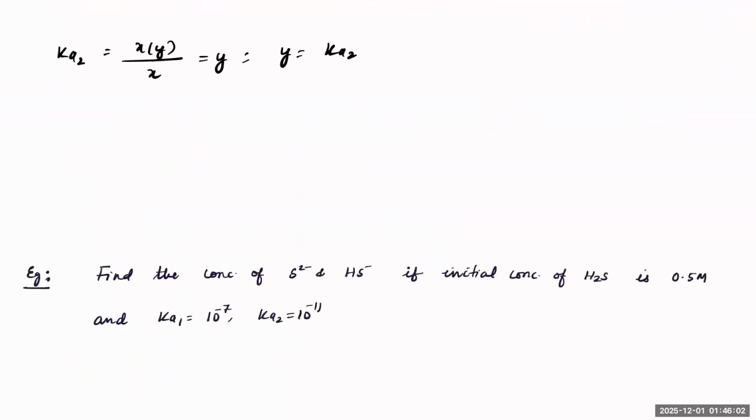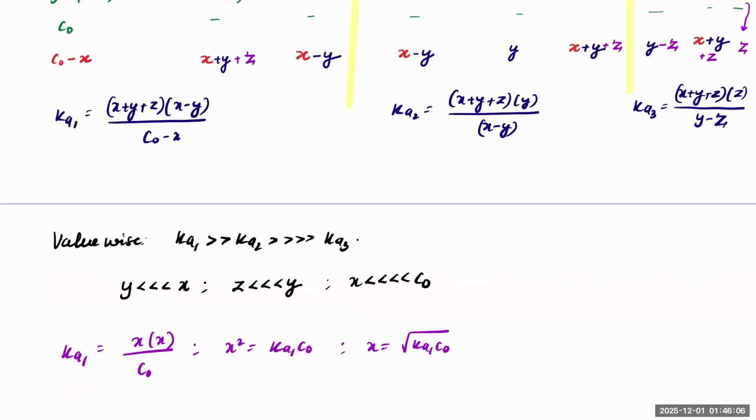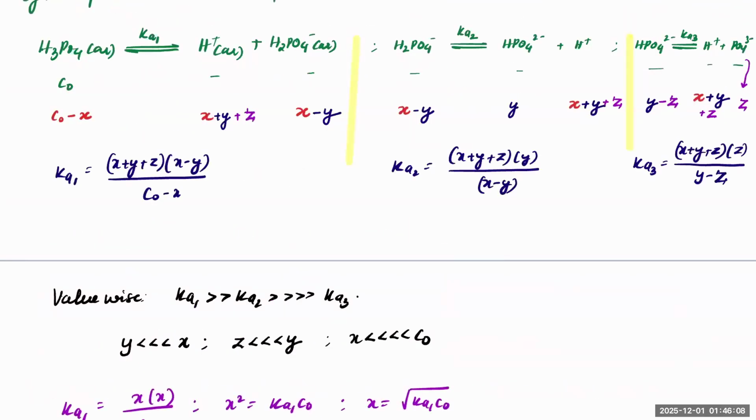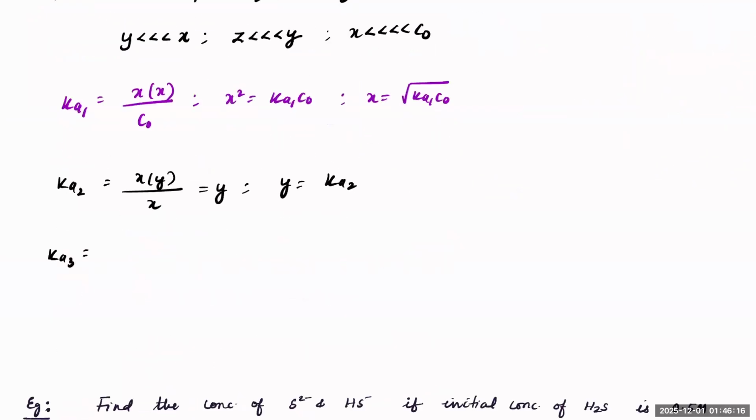What is Ka3? Ka3 will be equal to this concentration into Z divided by Y minus Z. So Z can be ignored here. X and Z can be ignored here. So that means it is going to be X into Z divided by Y. Right.